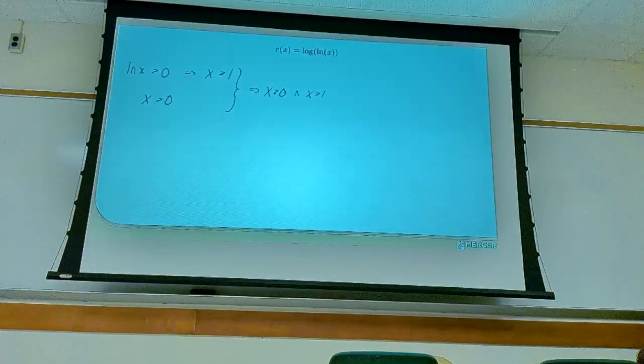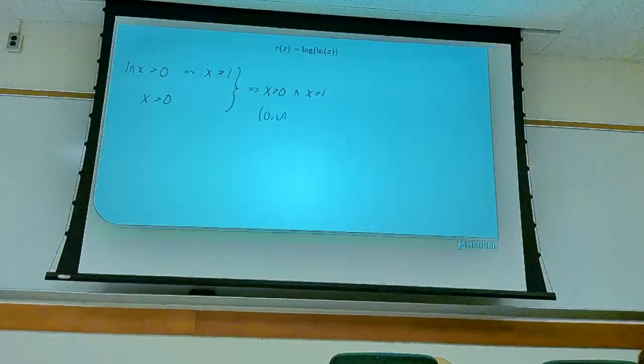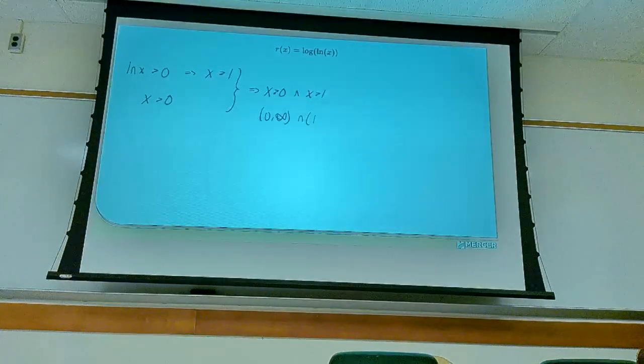If you were to write that out in interval notation, it would be the intersection of the two intervals. What is that intersection? So what do they have in common? Infinity.